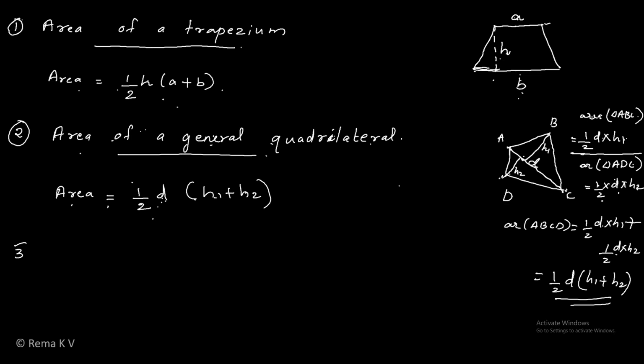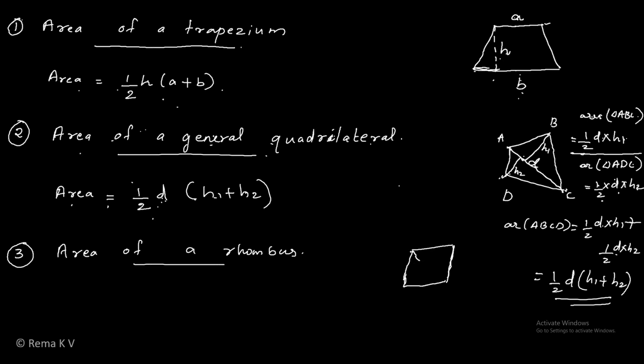Now the third one is the area of a rhombus. You know what a rhombus is? It is a parallelogram in which all four sides are equal.